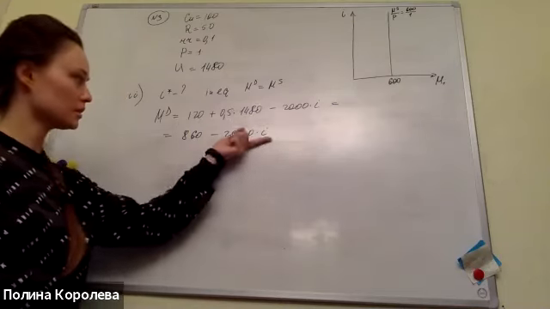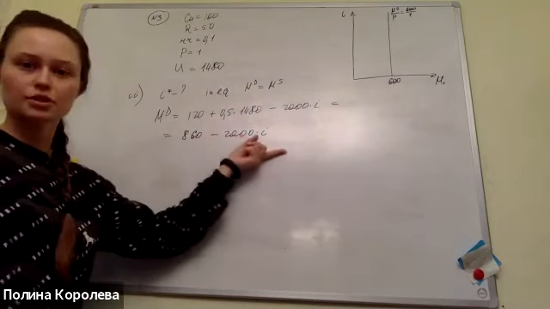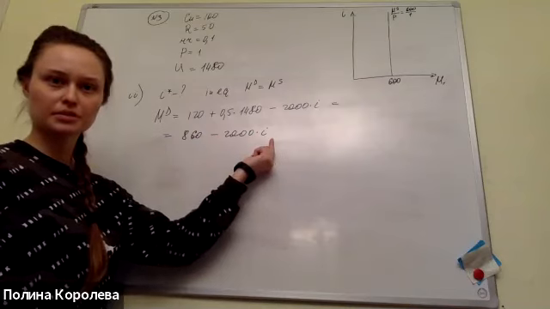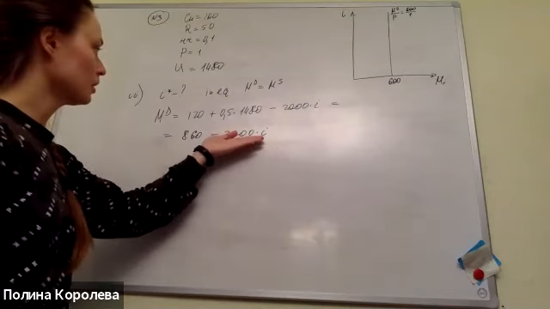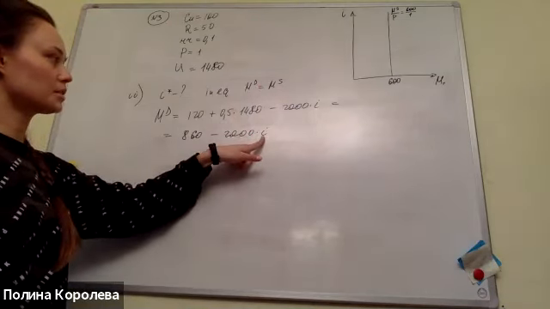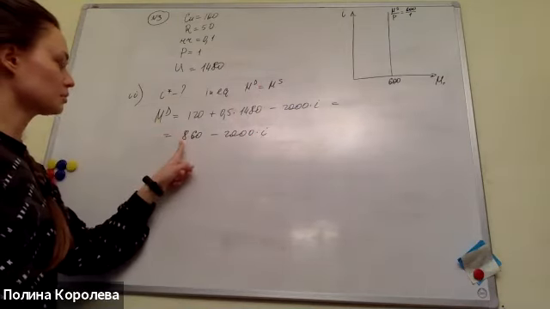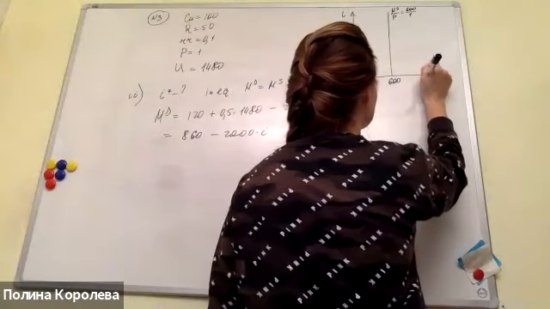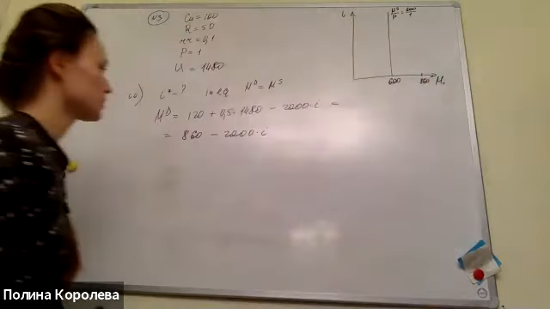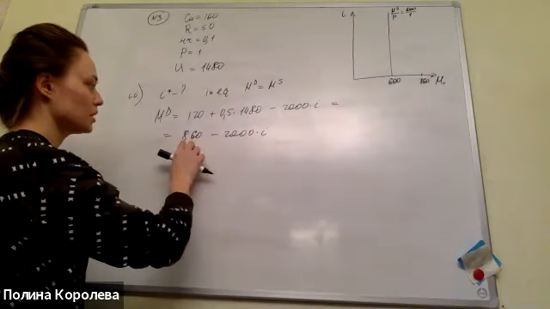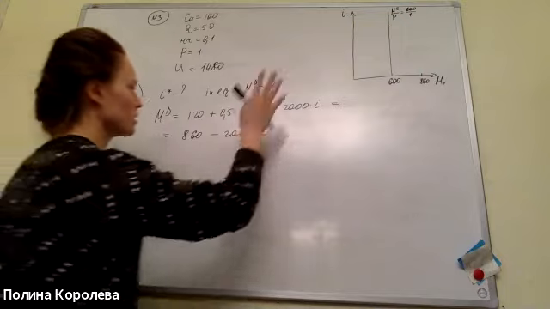You see that this is a linear function with negative slope, a negative connection with interest rate. And we can draw it also. If interest rate is equal to 0, money demand is equal to 860. And vice versa, if money demand is equal to 0, interest rate is equal to 860 over 2,000.